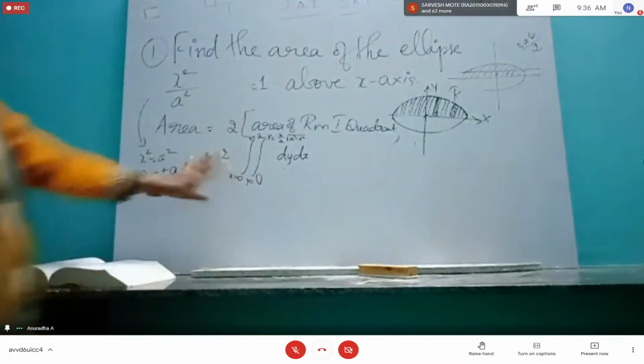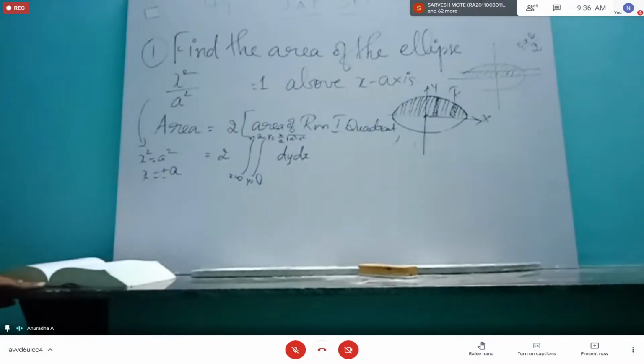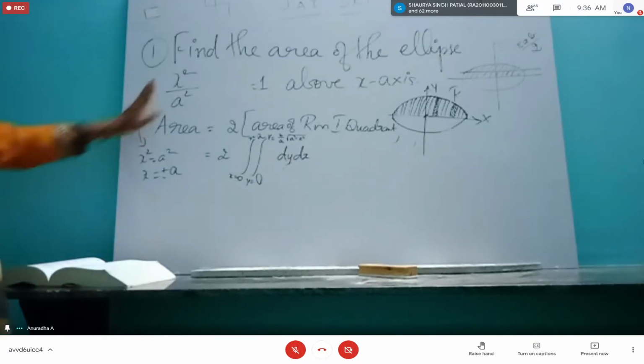From the question itself, we can fix the diagram, particularly for area and volume questions, not for change of order of integration. In change of order of integration, the diagram is a must. For area and volume, they will mostly give standard curves, so from that we can write.